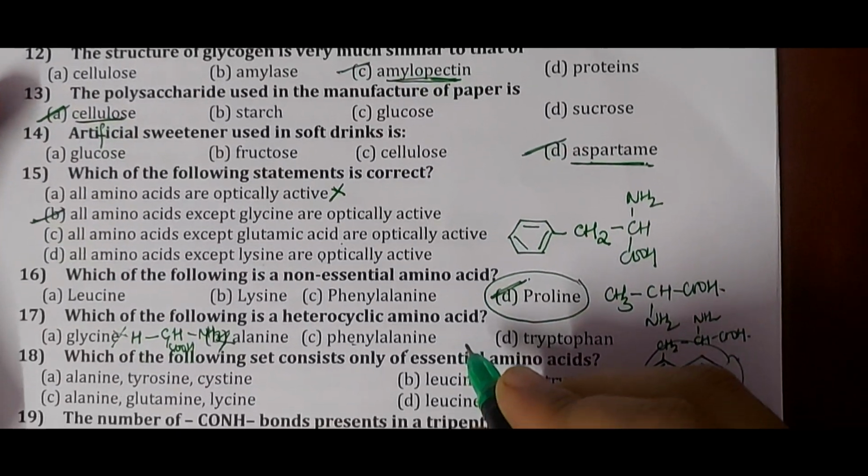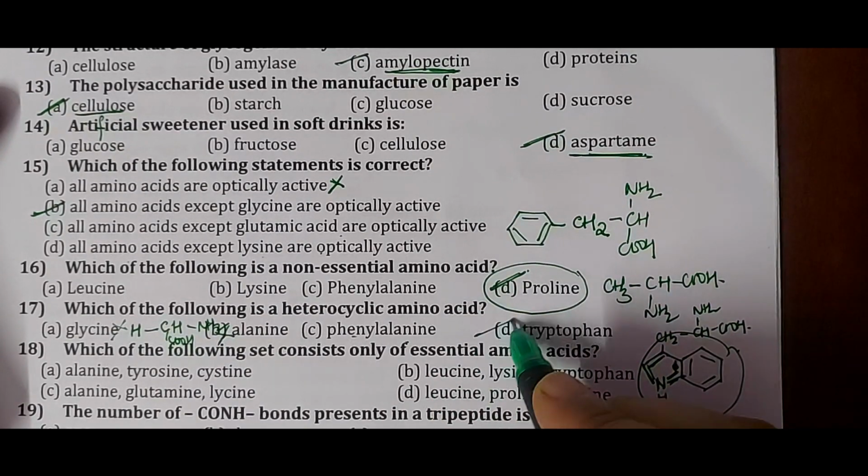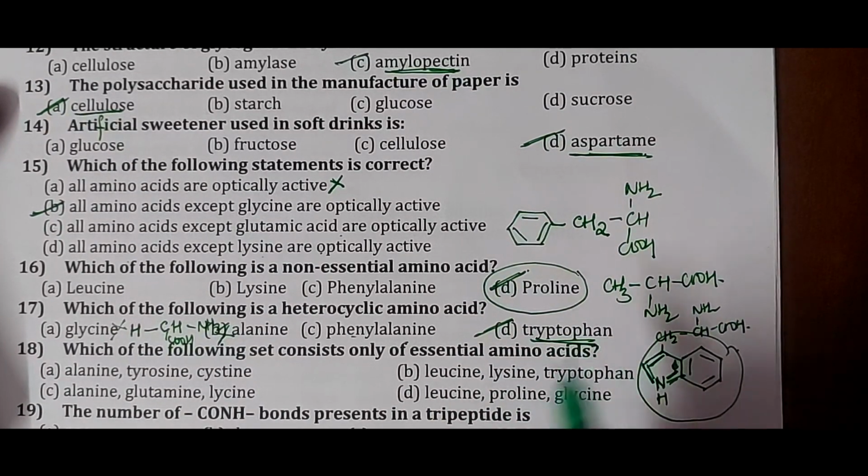So option D, tryptophan, is a heterocyclic amino acid.